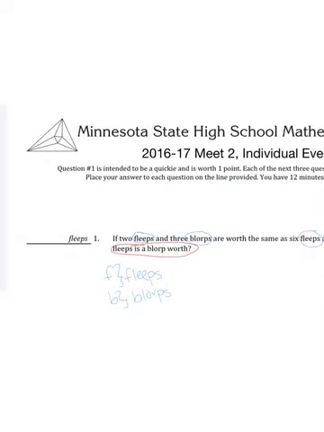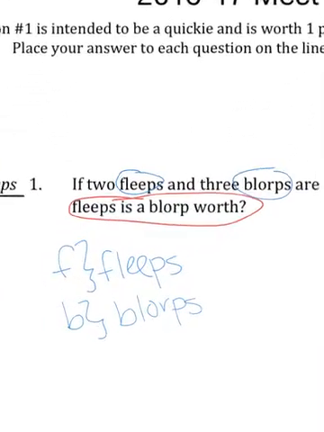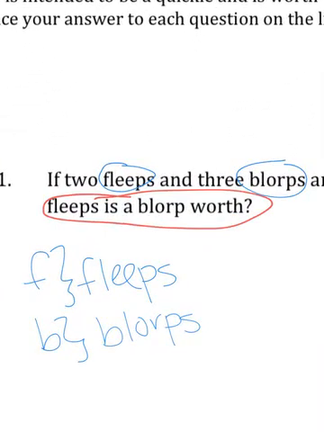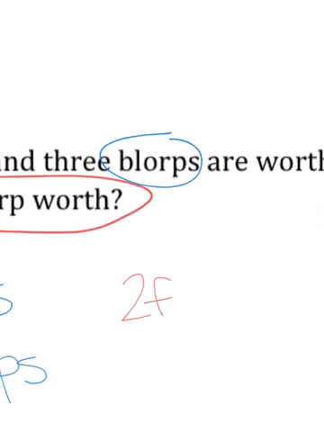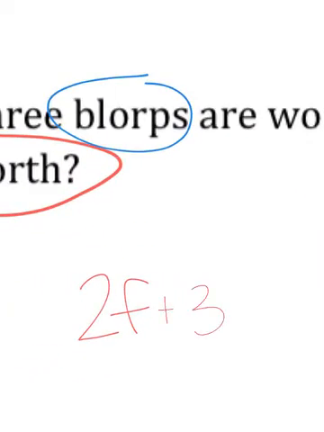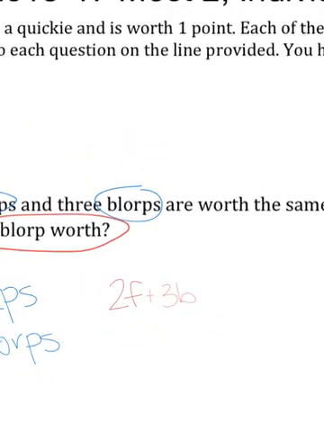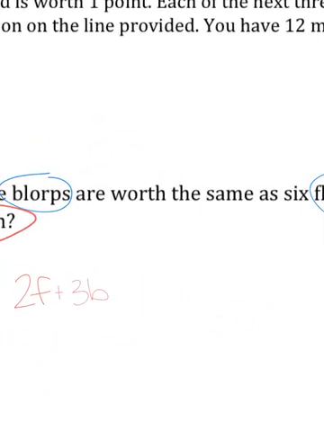I'm going to break this problem up bit by bit. The first thing I see is 2 fleeps and 3 blorps. What I can do with this is write 2F, meaning 2 fleeps, and 3B, meaning 3 blorps. The next part of this problem says, are worth the same as.